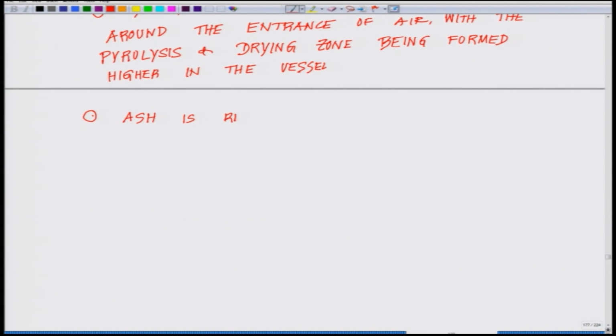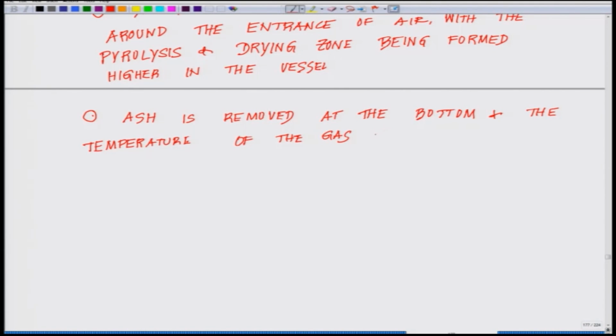Ash is removed at the bottom, okay, and the temperature of the gas leaving the unit is fairly high, just like the downdraft one, about 800 to 1000 degrees centigrade.